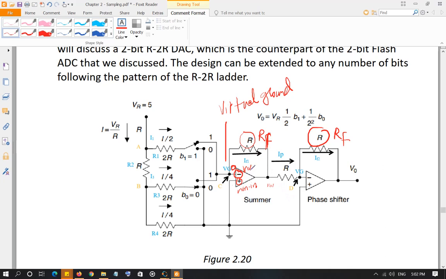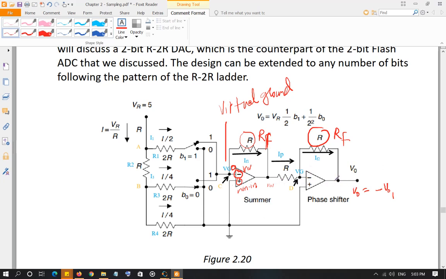As you will see, this summing amplifier is going to produce the sum of the inputs at the output. And the phase shifter or inverter is going to produce the negative of the input at its output. So Vout here is going to be negative Vout1 if the input voltage is Vout1, which is shown here.